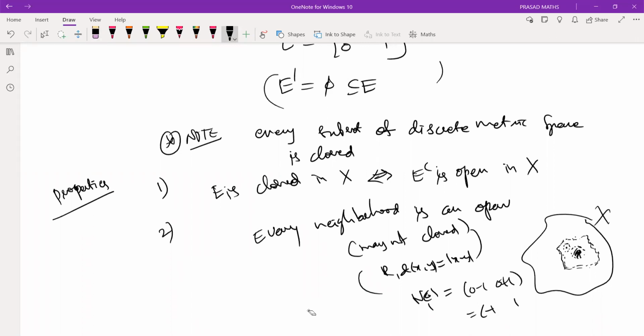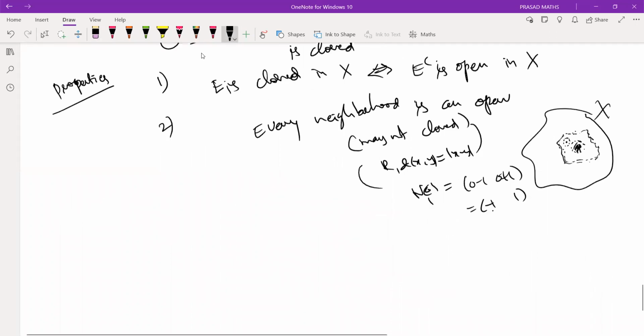It's nothing but minus 1, 1. You know, minus 1 is a limit point, but minus 1 is not a member of E. Therefore, E does not contain all its limit points. That means the neighborhood does not contain all its limit points. Hence, it's not closed. Right?